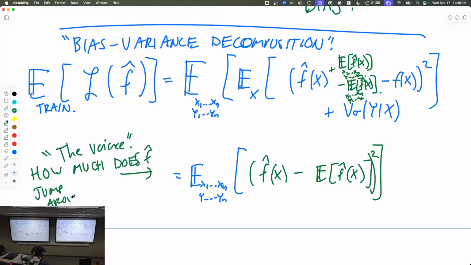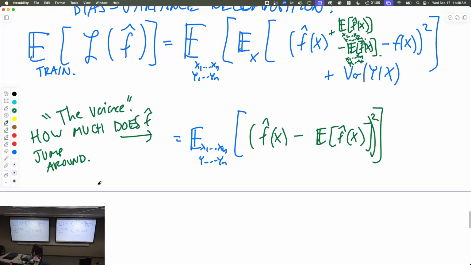But then the other part of the equation is the difference, this expected value of f hat minus that thing. And in that situation, you get this formula. And because there are no f hats anymore, there's no x1 to xn anymore, it is just an expected value over x. So this is a different expected value. Let's do it in brown.